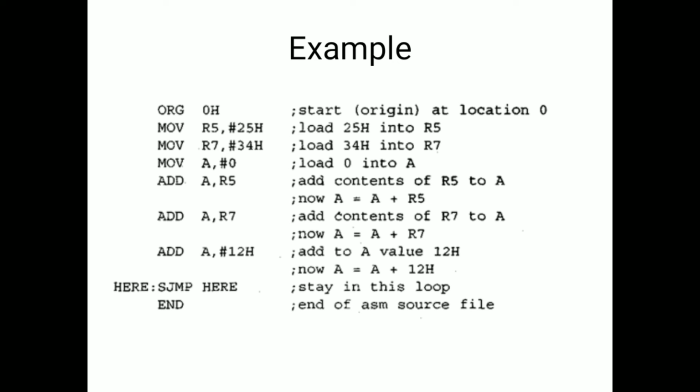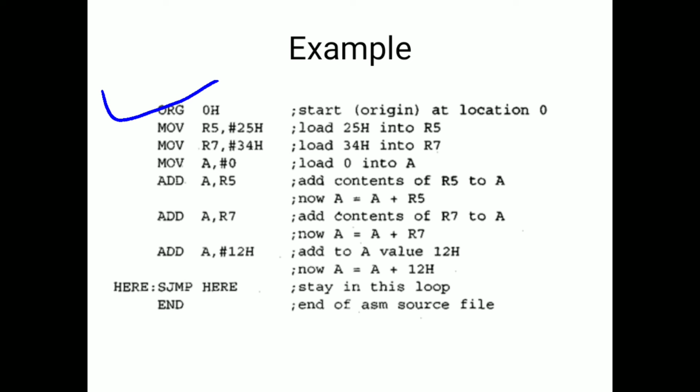Let's see one example of an assembly language program. An assembly language program starts with the origin command, which indicates the start of the program. It is ORG 0H, which means the starting address of the program is 0H, so it is starting from location 0.